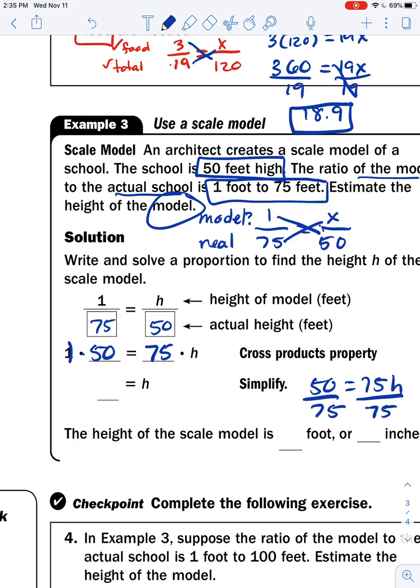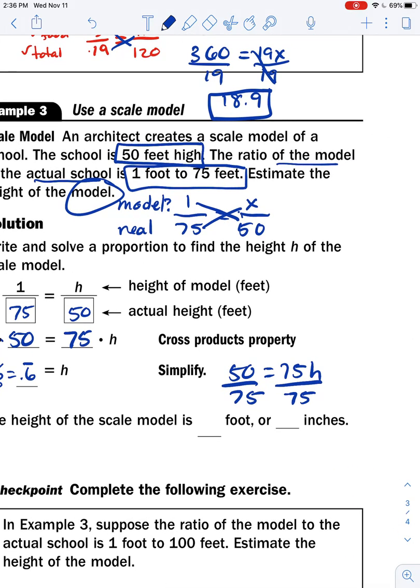So I have to divide that 75 out of there. When I take 50 and divide it by 75, it's going to turn out to be 2/3 of a foot, or you could have 0.6 repeating. So the height of the scale model is 2/3 of a foot or 0.6 repeating.